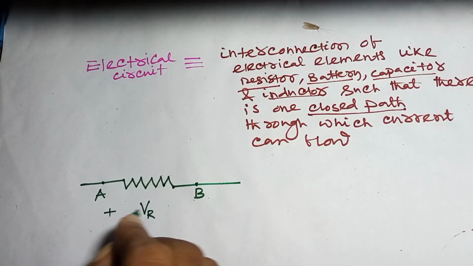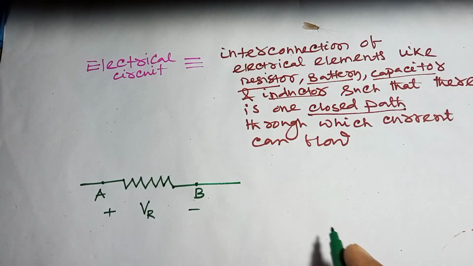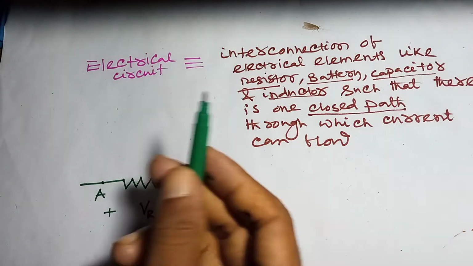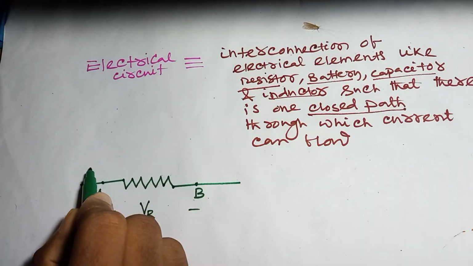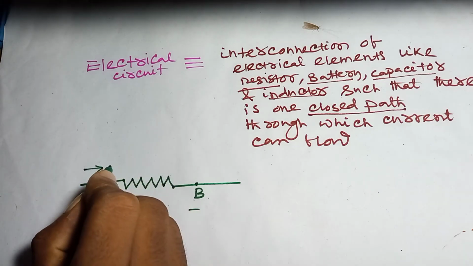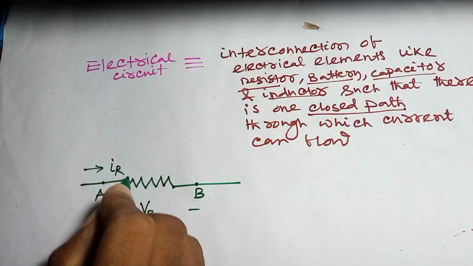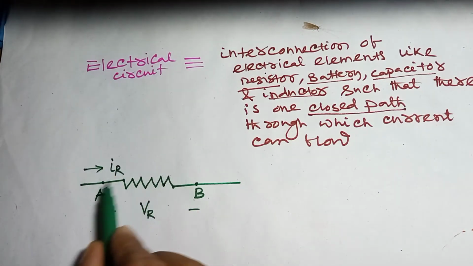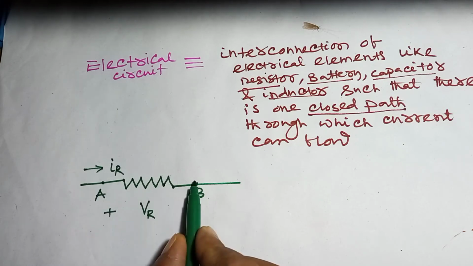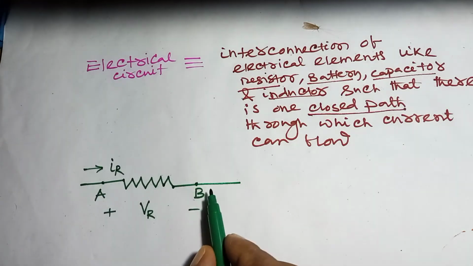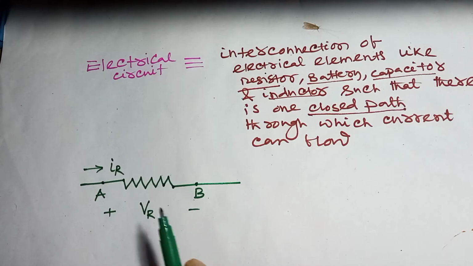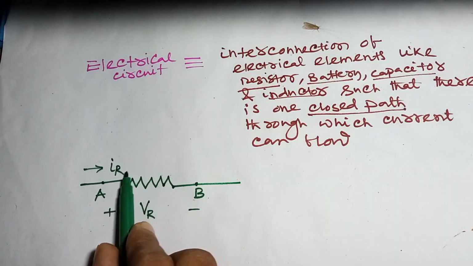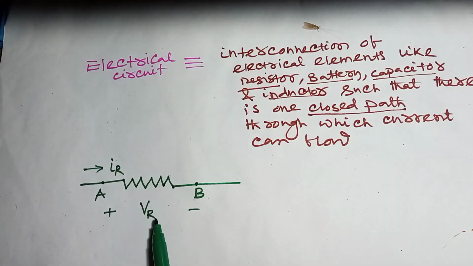This is the positive terminal, this is the negative terminal, and let's say current of IR is flowing from terminal A to terminal B. So in this resistor case, what is the relationship between the current through resistor and voltage across the resistor?